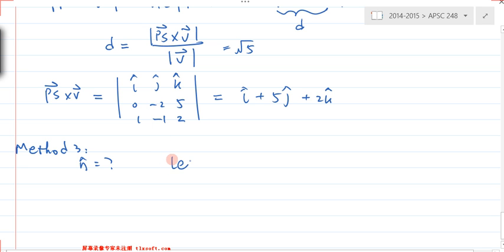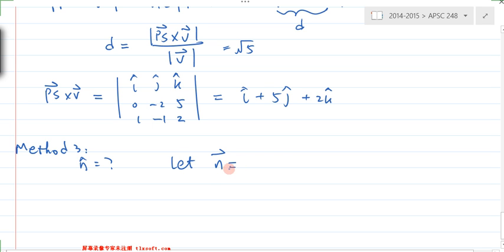I'm going to let n hat equal to something over here. However, maybe what I should focus on is not n hat. I'm going to focus on any vector in that direction. I'll call it n here. Sometimes finding a unit vector is not that easy, but if we can find n, we can just normalize it to get n hat.